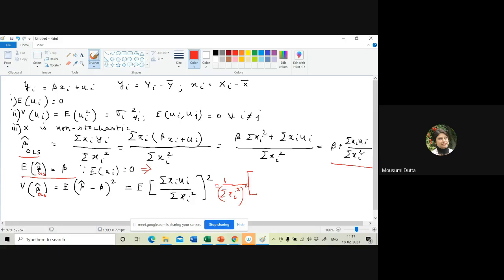Please tell me what will be the formula. I have to write whole square of summation xi ui, and along with that I'll also operate expectation on the error part. So tell me what will be the spread. It is summation xi ui whole square of that.